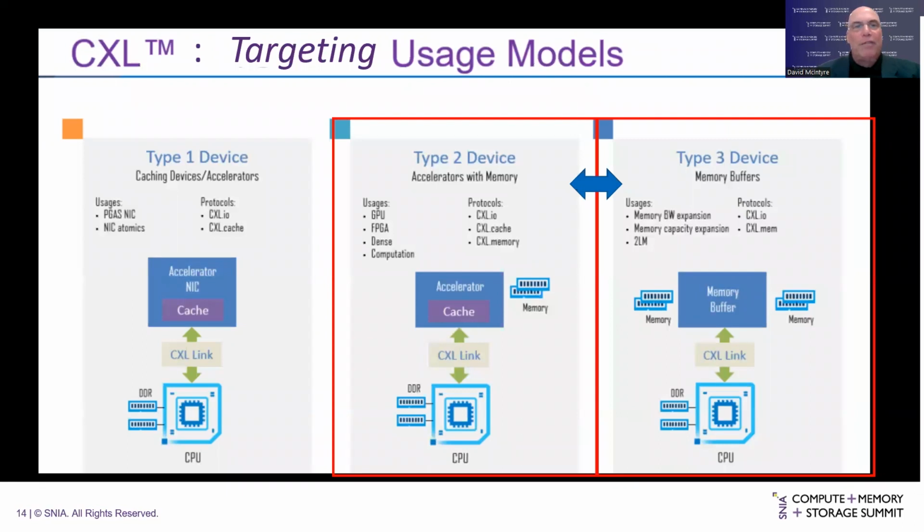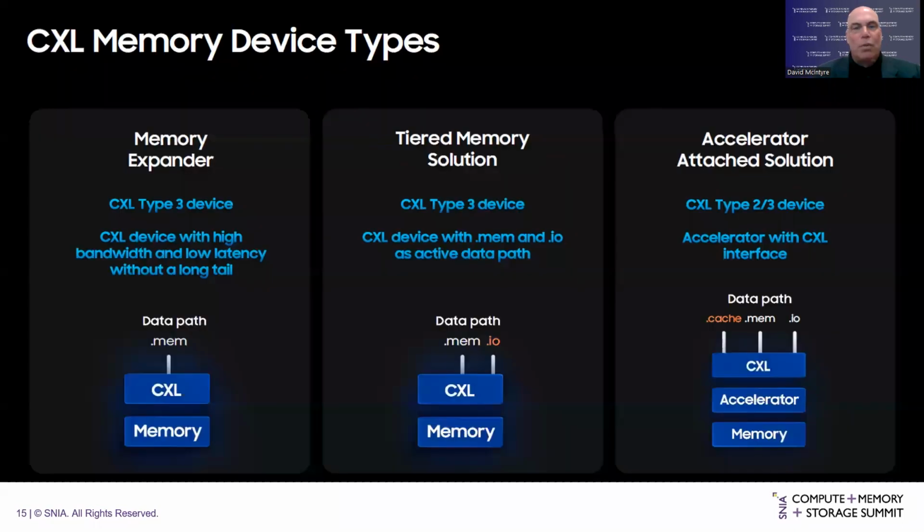So from Samsung's perspective, if we focus on the type 2 and type 3 devices across accelerators, memory buffers, we are looking at proposing these sorts of topologies. So for memory expander, which is a CXL type 3 device, we can provide high bandwidth, low latency without a long tail and use the CXL.mem protocol.